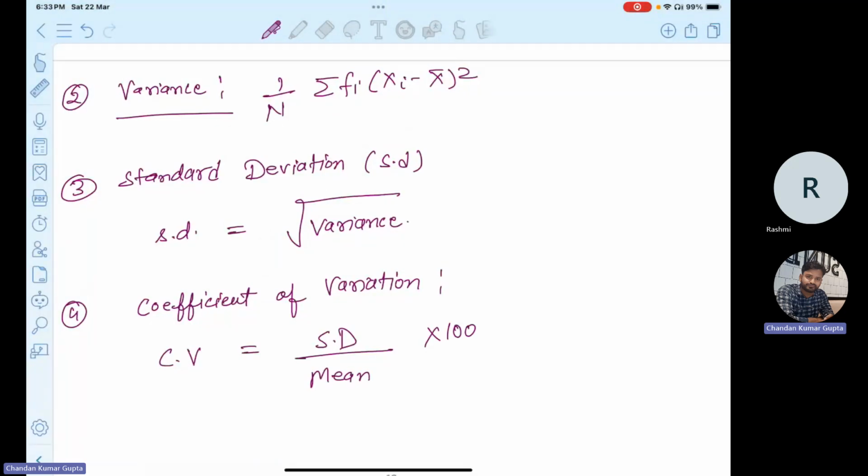When we multiply by 100, it is in percentage, and when we do not multiply by 100, it is in proportion format, lying between 0 to 1 generally, though it can be more than that as well. So the coefficient of variation is standard deviation divided by the mean value, multiplied by 100. This is how we calculate the measure of dispersion, how the data is scattered. It can be measured with the help of these different dispersion measures.